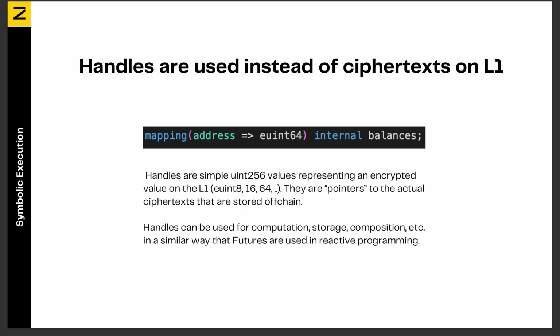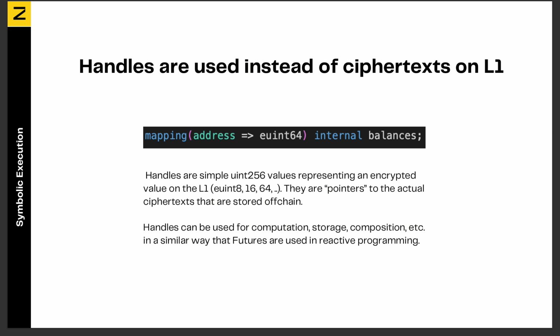And I mentioned handles multiple times, but just to talk about it a bit more, it's just a uint256 value, or 32 bytes, uniquely identifying a ciphertext. It can point to any kind of ciphertext, could be 8-bit ciphertext, could be 64-bit ciphertext, any precision.